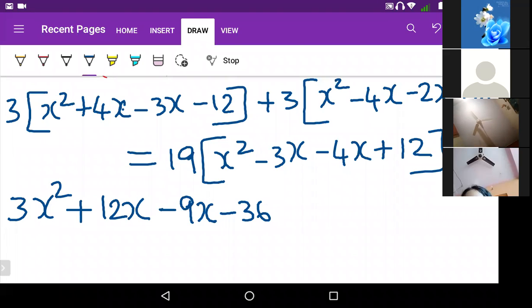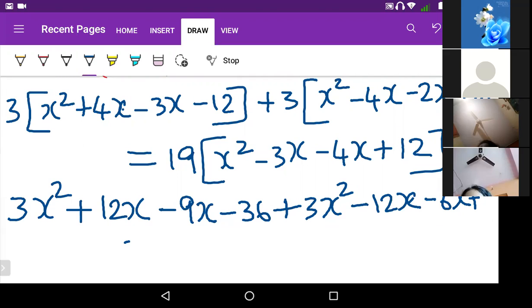Now moving on to the next expression, plus 3 into x square is 3x square. 3 into minus 4x is 3 fours are 12, so minus 12x. 3 into minus 2x is 3 twos are 6, so plus 6x. Plus 3 into 8 will give me 24.